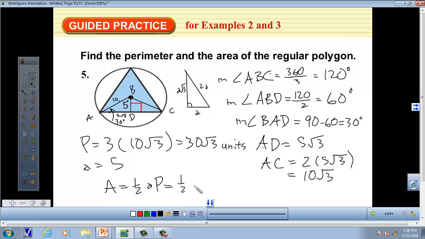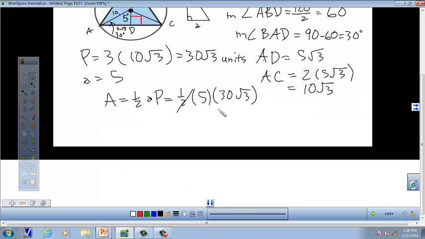This gives us 1/2, apothem of 5, and perimeter of 30 rad 3. Half of 30 is 15. 15 times 5 is 75 rad 3.